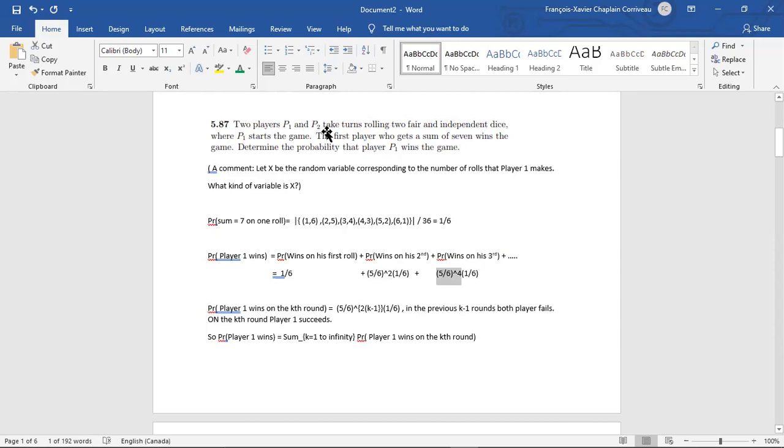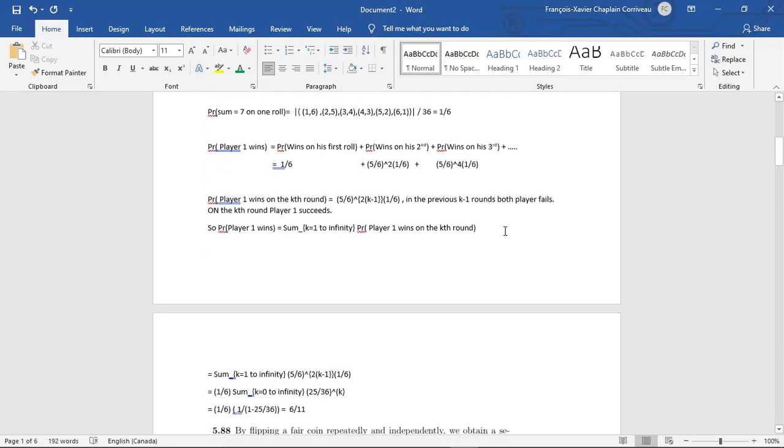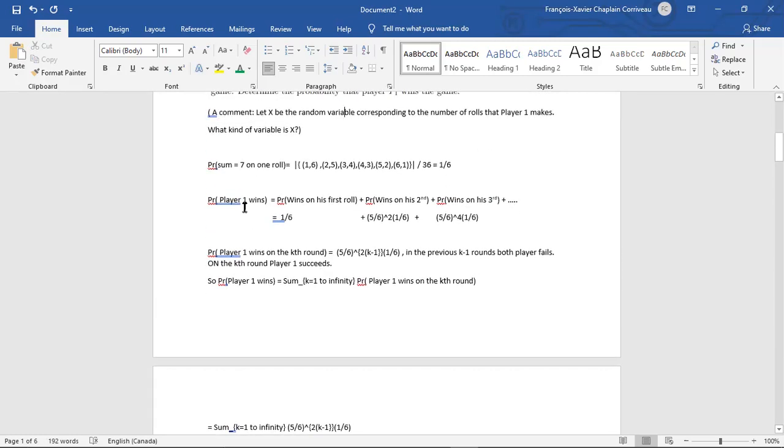So if I add players, it just increases that power here. And the other difference is, what are they actually doing? Here we were rolling dice and we wanted a sum of 7, so the probability of success changes. But that's pretty much the only 2 factors that change. The rest is the same. And usually we'd look at player 1. If we looked at player 2, we would have a slight adjustment to make.